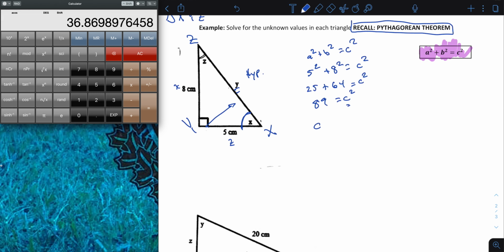And so c is equal to the square root of 89. Okay, and so then you could say c or y, whatever it is you want to solve for, the variable doesn't matter too much. Just to keep it straight, we'll say it's y. So y is 9.4 centimeters. Okay, and to figure that out, you just go to your calculator and go 89 square rooted.